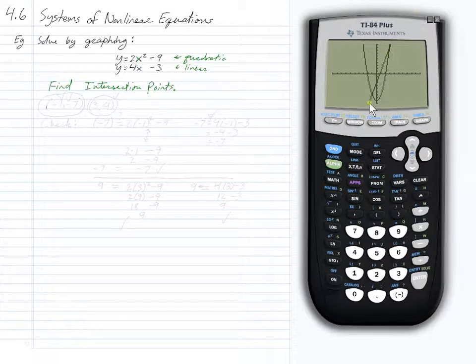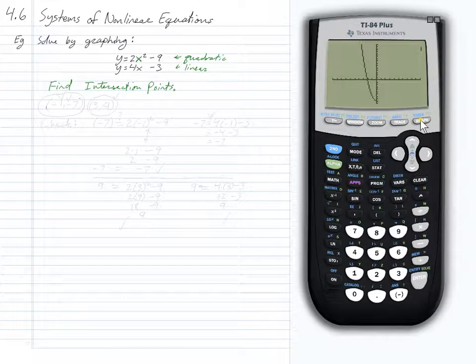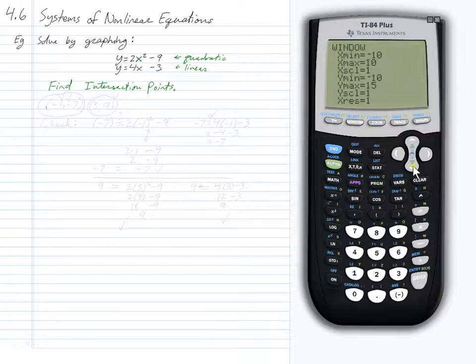I'll change my Y max so I can see a little bit higher. I'll go up to 15. That should give me plenty of room. That's better. Now we can see both intersections a little more clearly. So I'll find the left intersection point first.